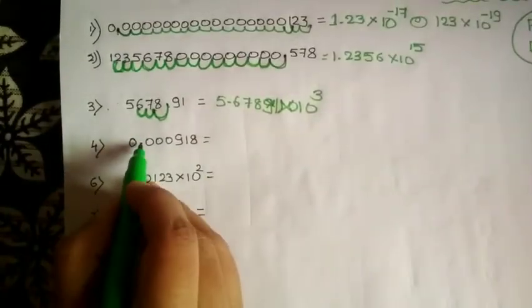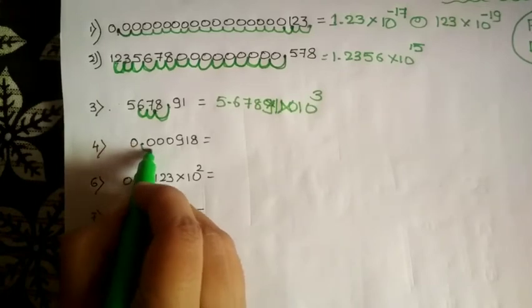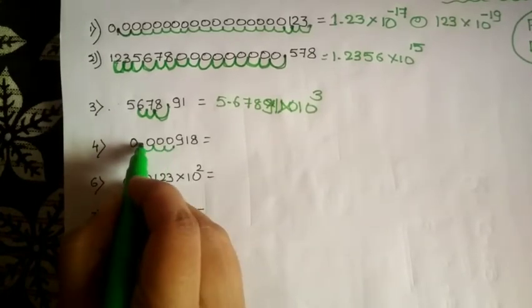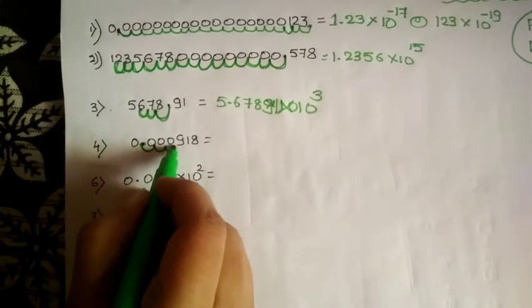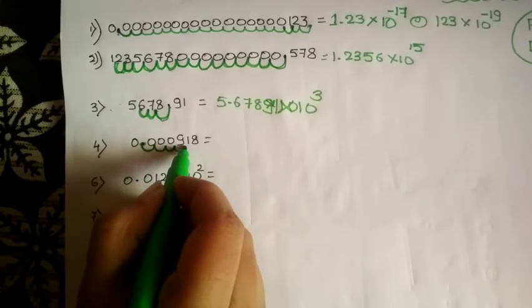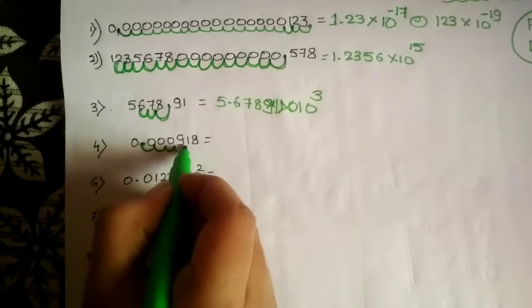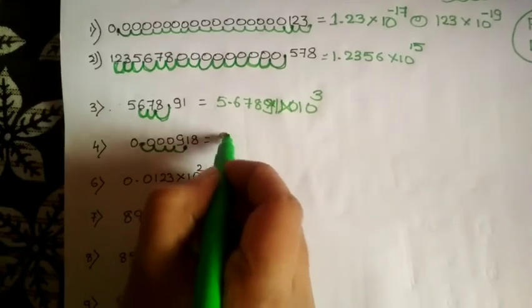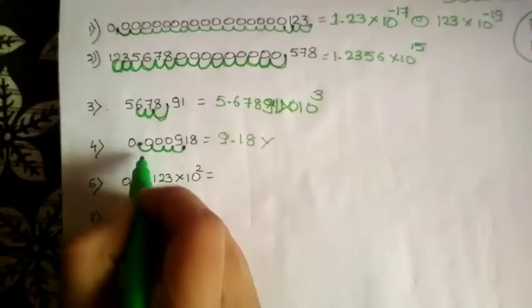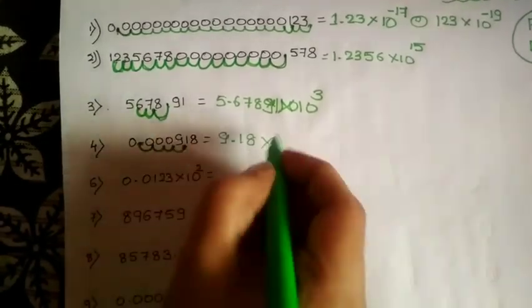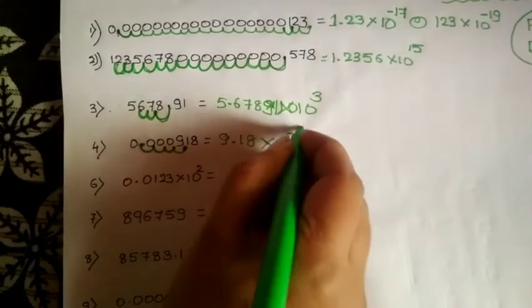Similarly, come here for the fourth one. 1 2 3, from here 1 2 3 4. I can stop here, or move a little forward, but I am stopping here. So I can write it as 9.18 into 10 to the power of minus 4, because I am shifting the point forward.